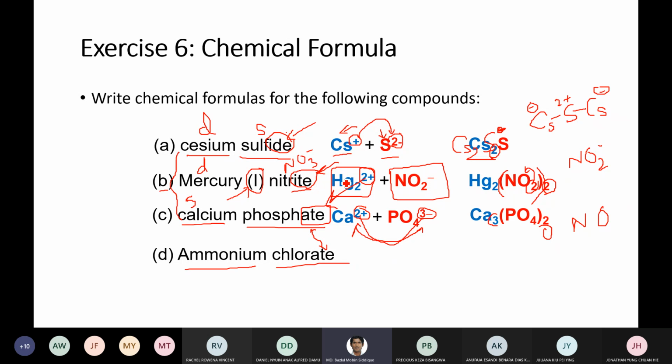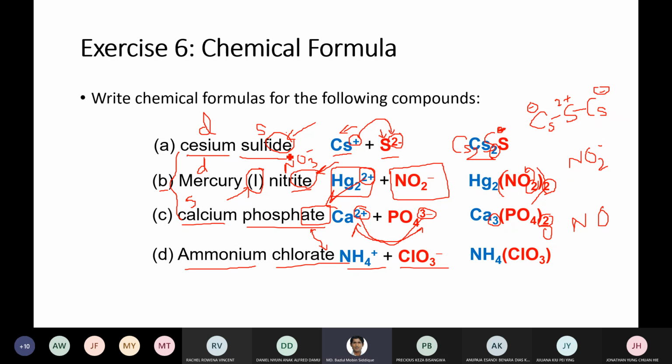There are three calcium required, and 2 phosphate ions required to produce the compound. The same goes for ammonium chloride: ammonium is 1, chloride is 1, so they just need 1 and 1, so it will be ammonium chloride.